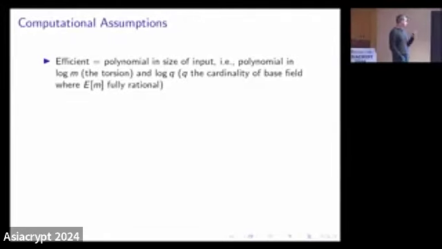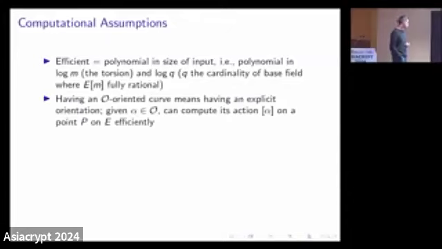Okay, some computational assumptions for the result I will mention shortly. Whenever I say efficient from here on out, I mean polynomial in the size of the input. That's both polynomial in the log of M, the torsion, and in the cardinality of the base field. When I say that we have an O-oriented curve, I mean we have an explicit orientation.